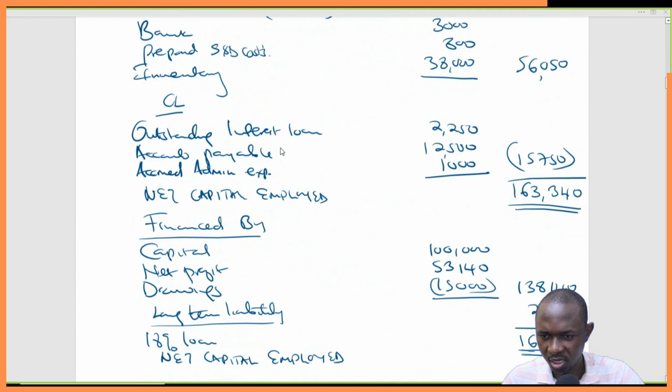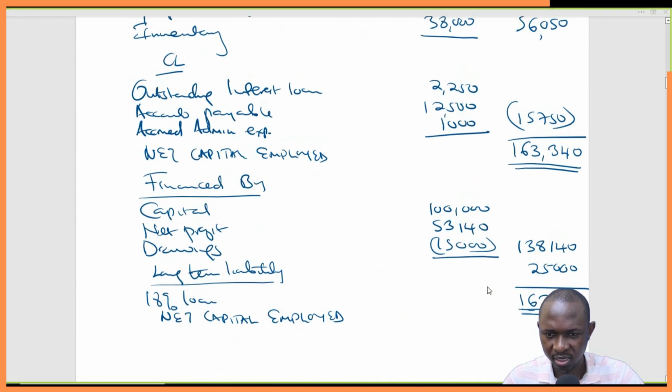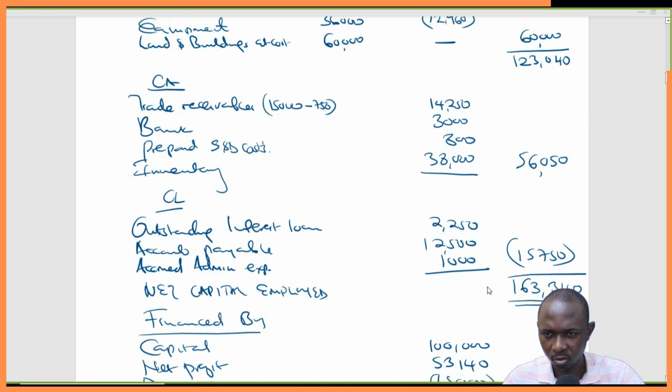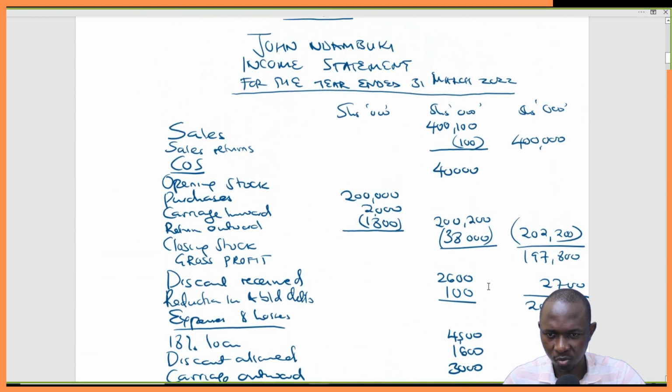This is not balancing by 200, so there must be an error somewhere. Normally you check the computation or the figures. Maybe you have inputted the figures wrongly. So I want to check my figures.